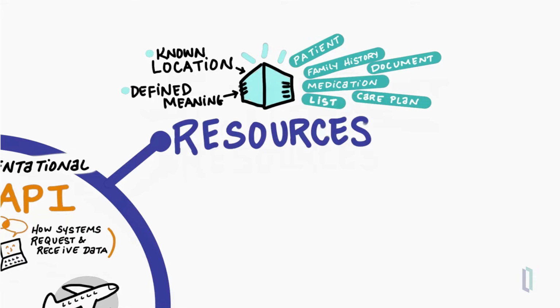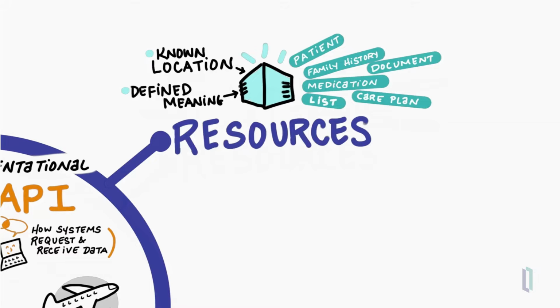So those FHIR resources have a known location on the internet somewhere or on the server you're on. They have a defined meaning. That's the FHIR specification that describes what the data model for each resource is. And inside those resources are data elements that are the concepts that are necessary to describe that data concept.